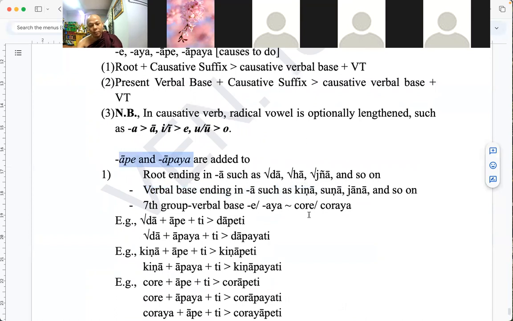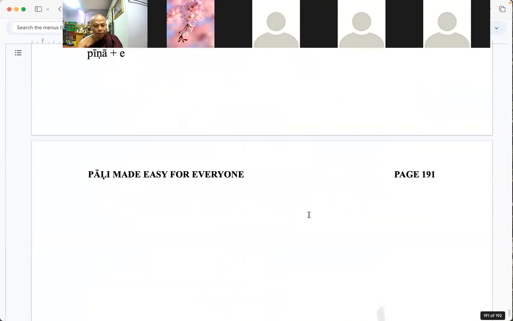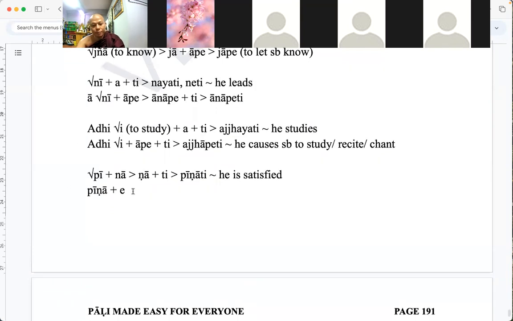But this form is an exception. Even though the base is ending in the R, we have the bineti in this way. Bineti may mean he is satisfying somebody or something like that. Okay. So in this way, some exceptions can be seen.